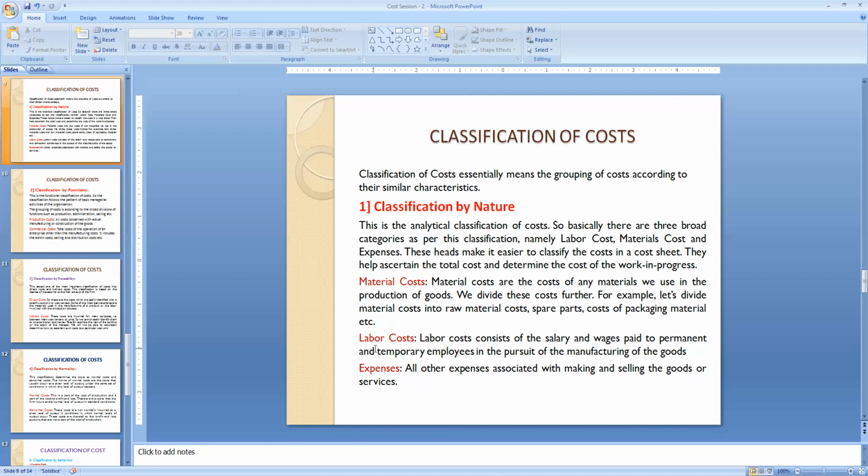Again, in the case of labor, there is also indirect labor or indirect wages. What do indirect wages or indirect labor mean? Indirect wages or indirect labor are those employed in the factory which are auxiliary to production, or the wages which cannot be directly identified with the job or with any particular process or operation.